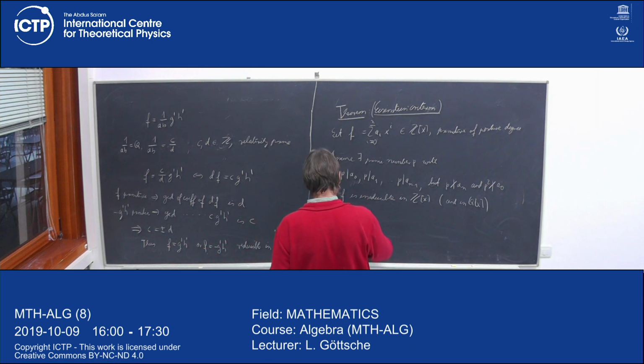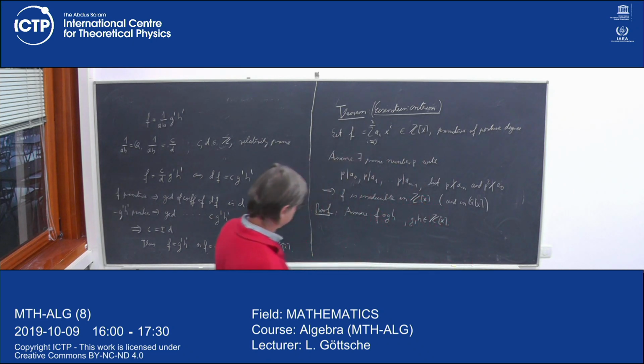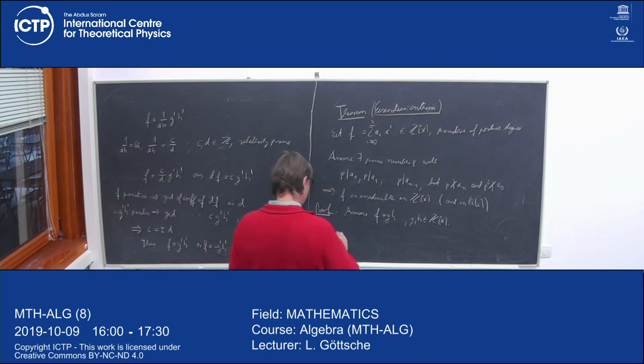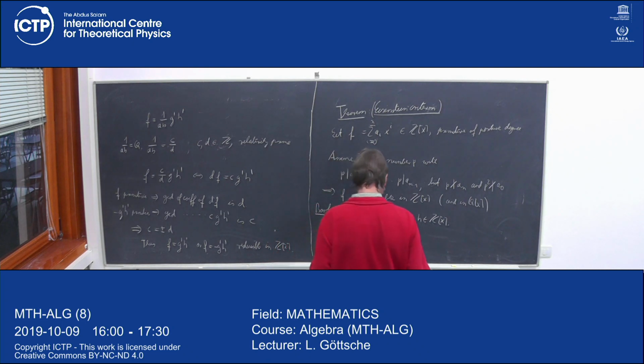So assume f is equal to g times h, where g and h are in Z[x]. We have to show that g is plus or minus 1, I mean the constant polynomial plus or minus 1, or h is equal to plus or minus 1.